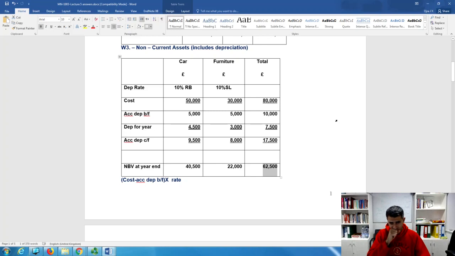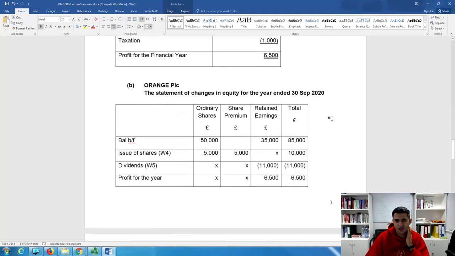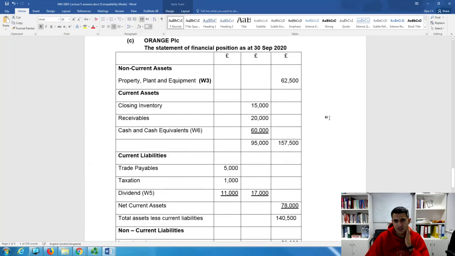This is the total net book value under property, plant and equipment under non-current assets, and should be recorded in the statement of financial position under non-current assets. If you remember, if you go to the statement of financial position, you will see 62,500. So that should be recorded under non-current assets in the statement of financial position under property, plant and equipment, and we write beside it W3.